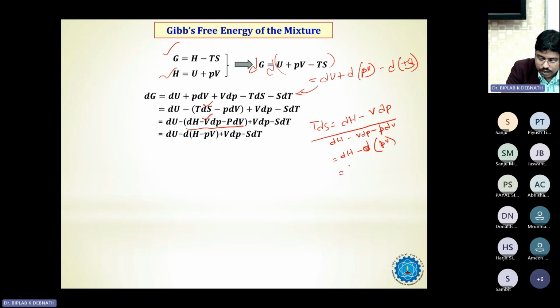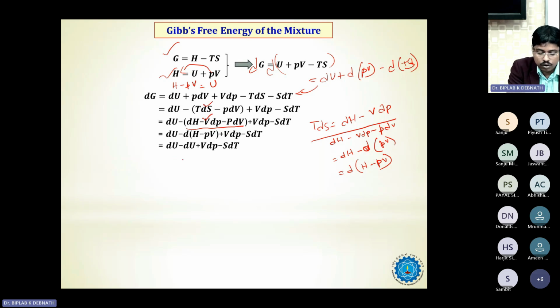Taking d common, you can write H minus PV. H minus PV is basically U.